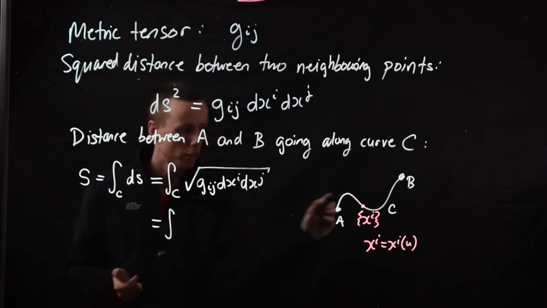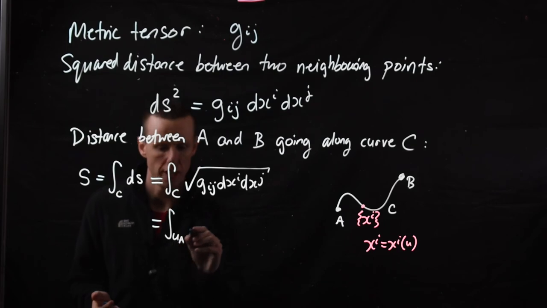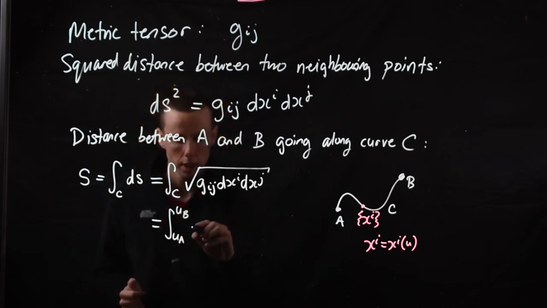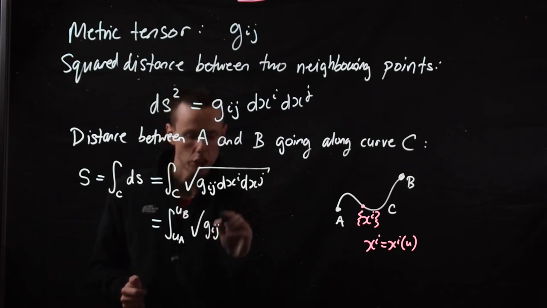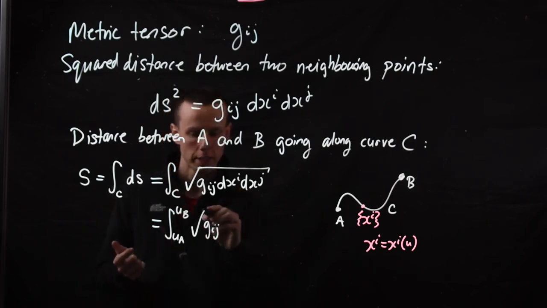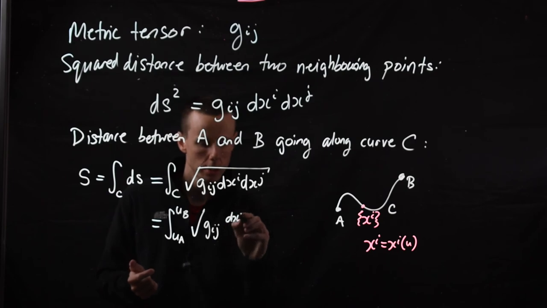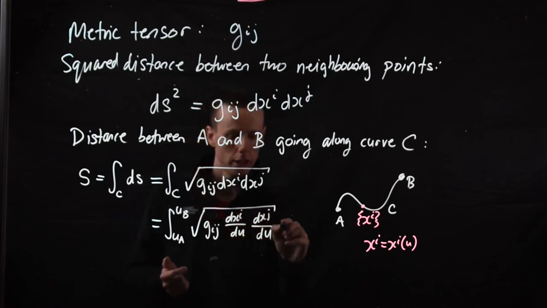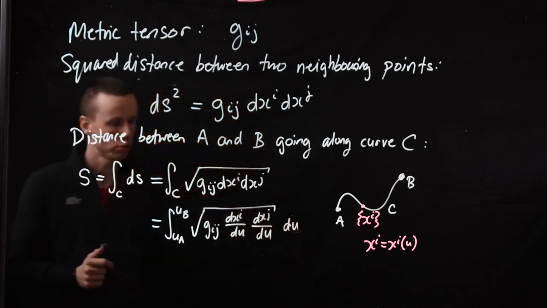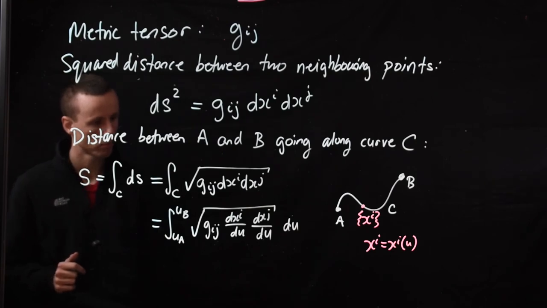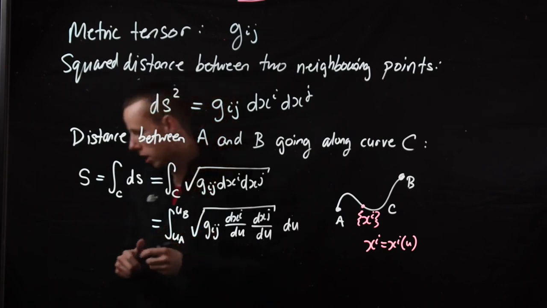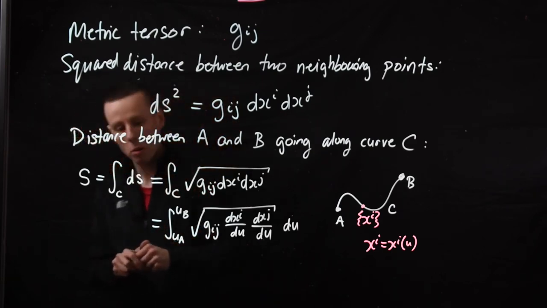This becomes an integral from the value of u at point A to the value of u at point B, square root gij, and then using the chain rule we can write dxi by du, dxj by du, and then outside we can put another du. So that gives us a way of finding the length of the curve between point A and point B.